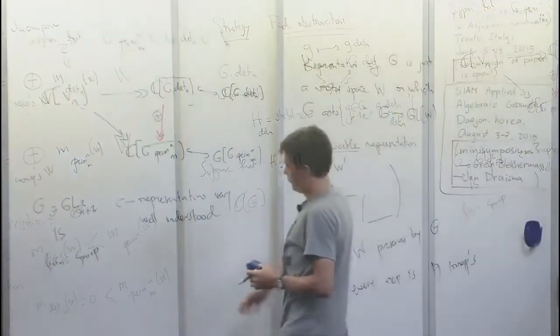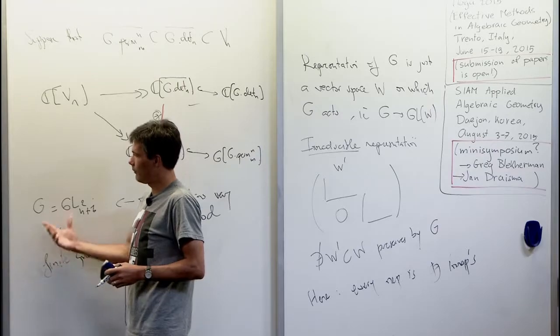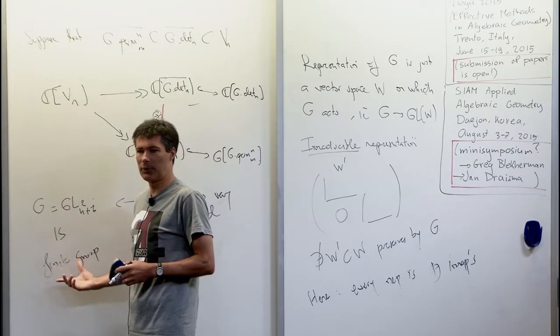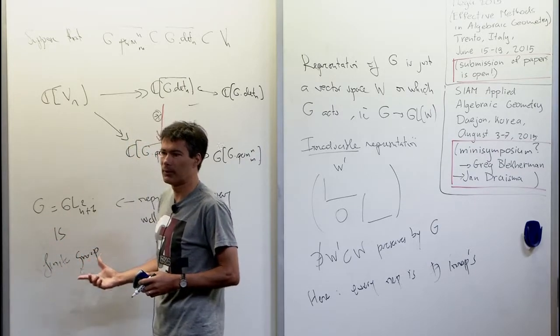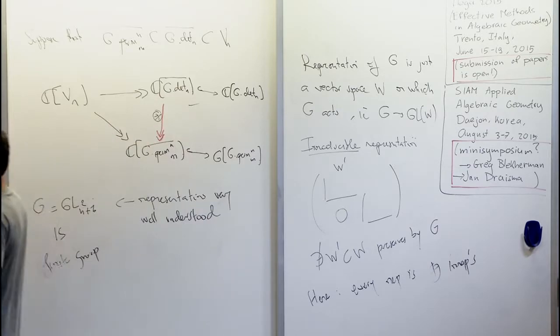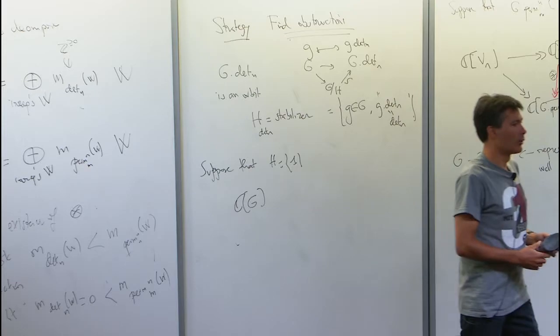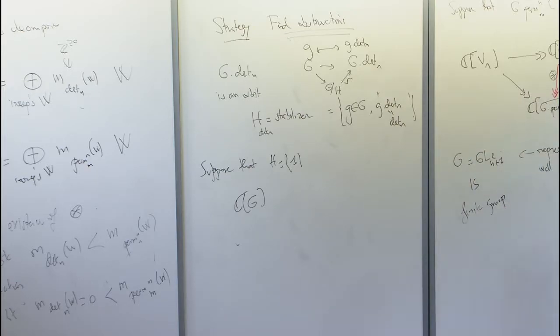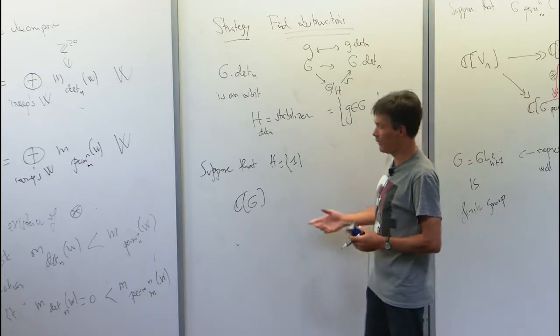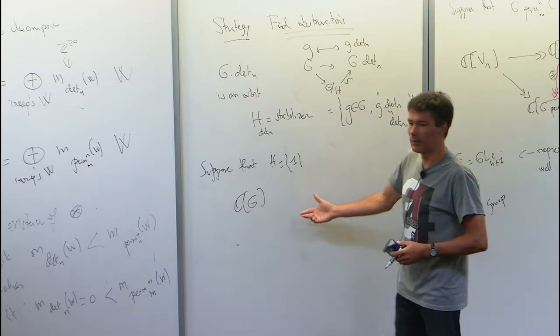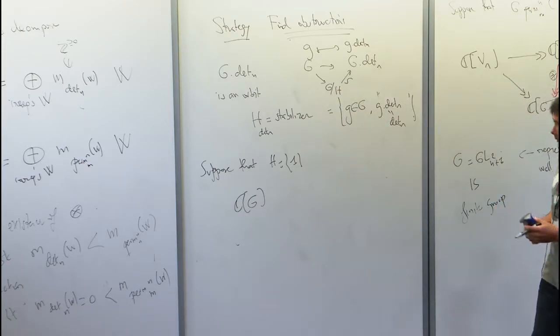Because as I told you, this kind of group behaves very much like finite groups, and we've seen yesterday that for finite groups there is this well-known decomposition of the regular representation as a product of matrix algebras, and this is also what happens in this case.